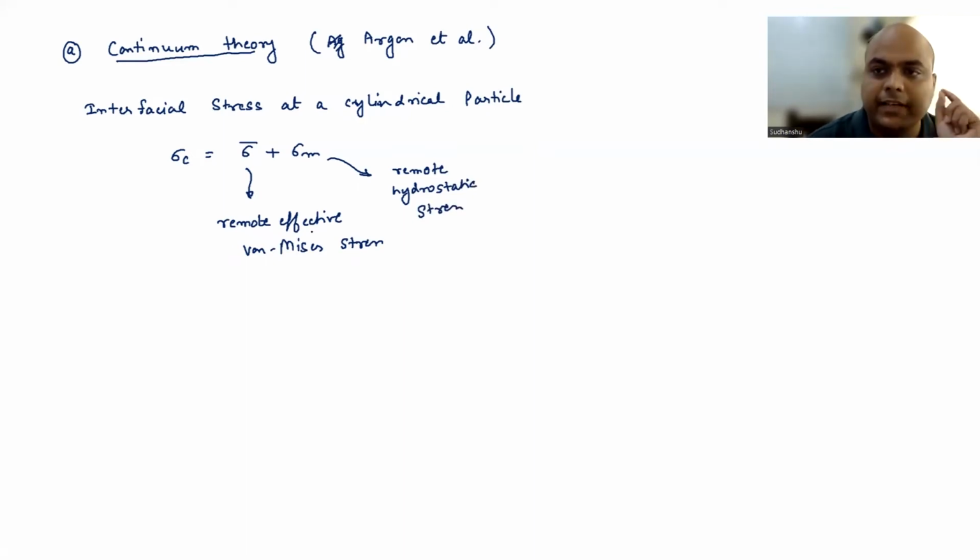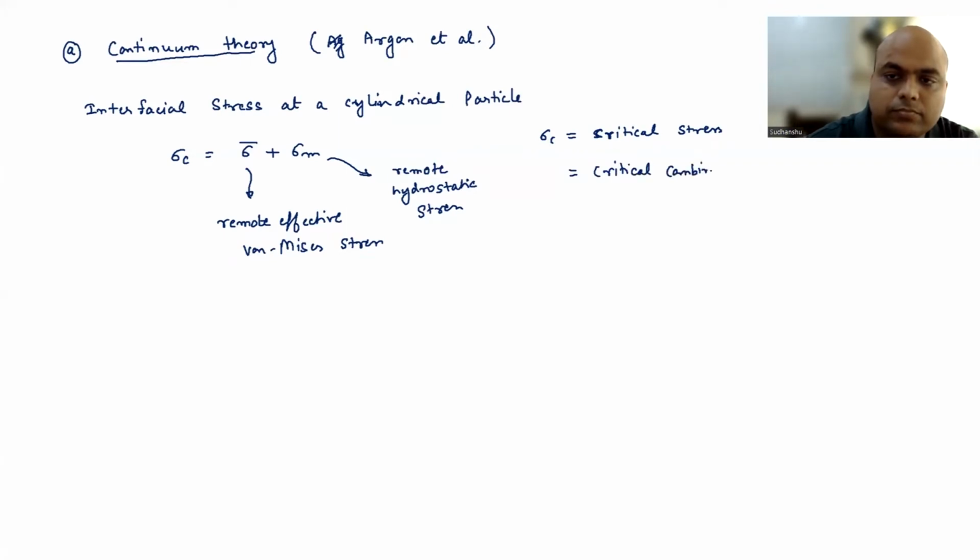And what is sigma C? It's the critical stress where the interface is going to debond. So sigma C is critical, and that's why subscript C is there. It is the critical combination of both the stresses.